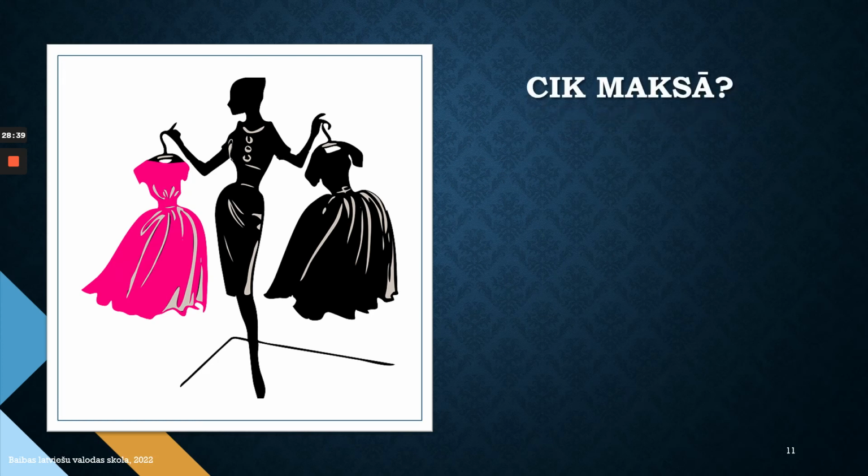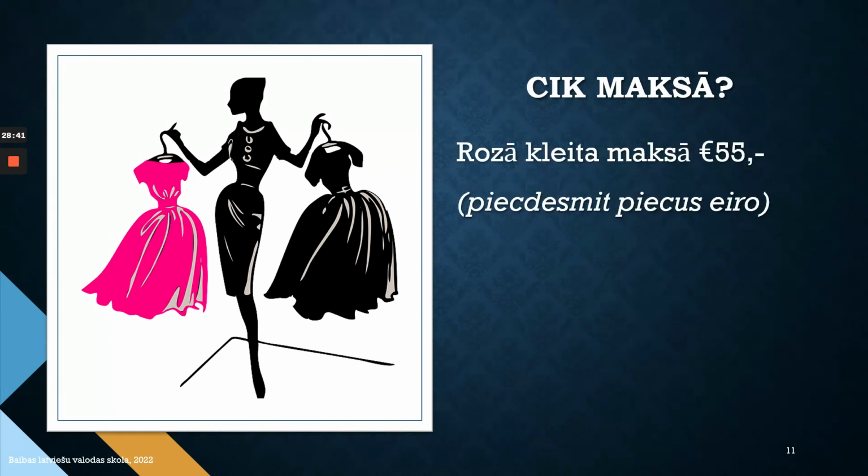Next, cik maksā? How much does it cost? Yeah, if we use the verb maksā, then the answer or the amount will be in accusative. Rozā kleita maksā 55 eiro. So eiro is non-declinable, so we can't recognize the case from the word eiro, but from the numeral piecus.